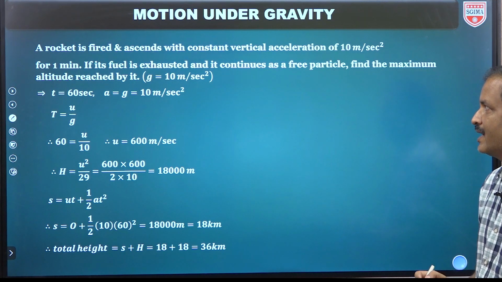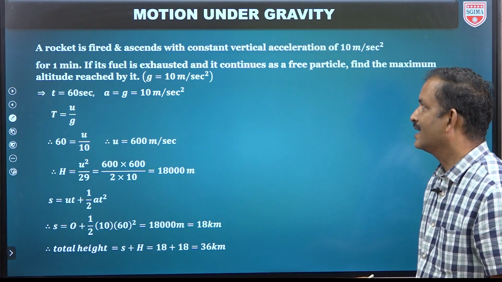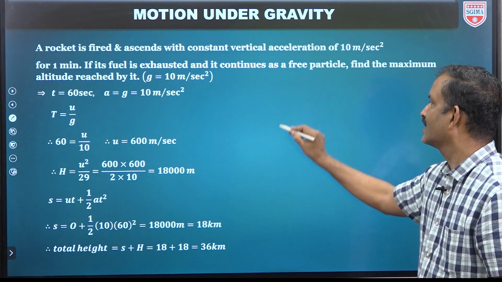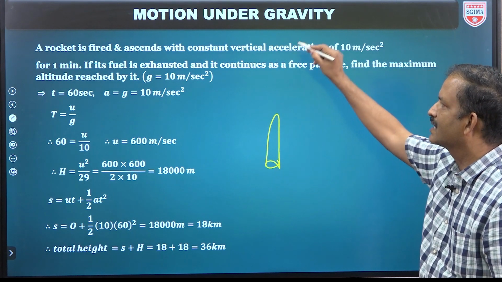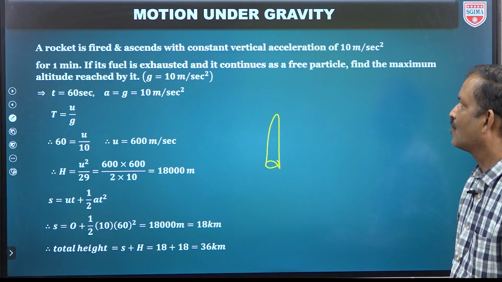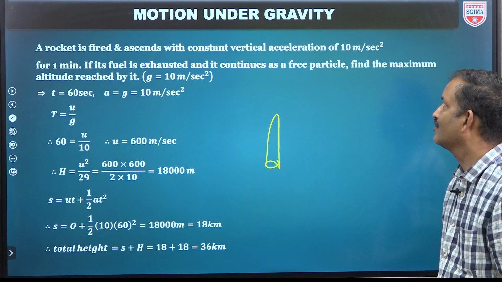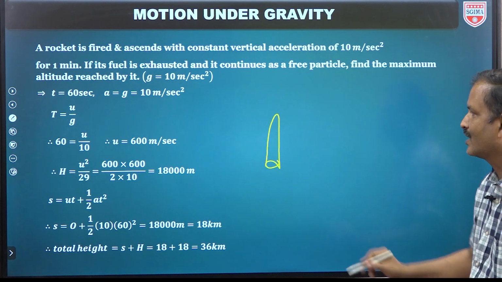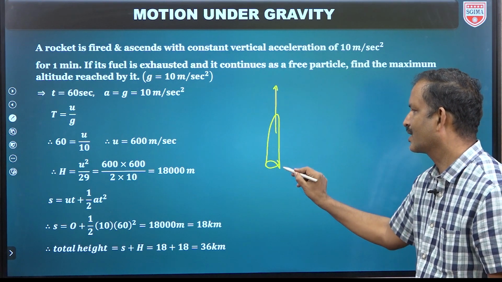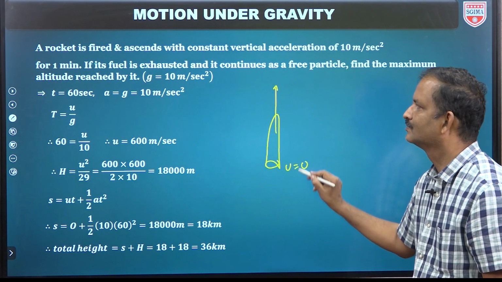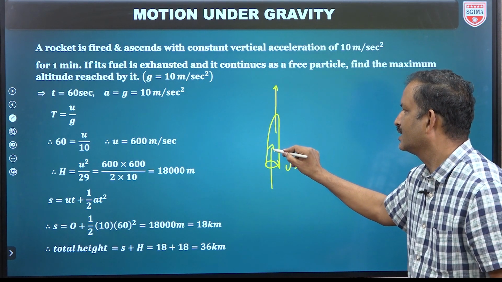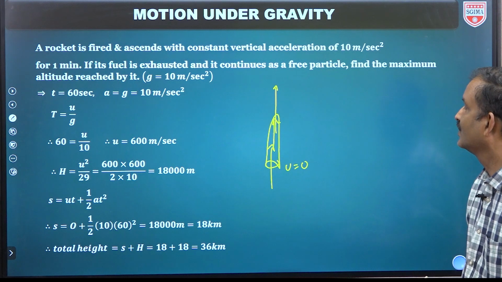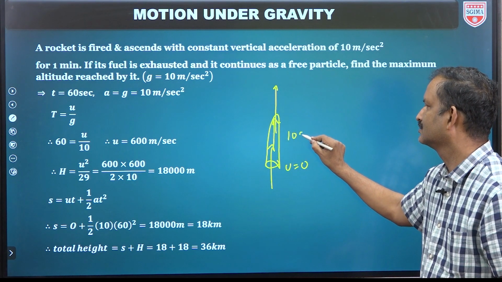Next, a rocket is fired and ascends with constant vertical acceleration. Rocket is fired. First, it ascends with constant vertical acceleration of 10 meters per second square for 1 minute. Rocket initially at rest, but due to fuel, it is going up with constant acceleration.